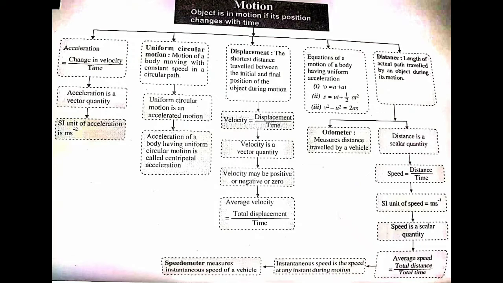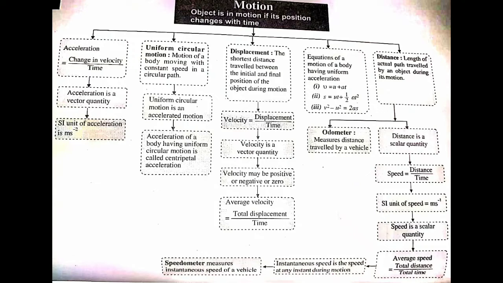Motion is a change of position. It can be described in terms of the distance moved or the displacement. Also, the motion of an object could be uniform or non-uniform depending on whether its velocity is constant or changing.